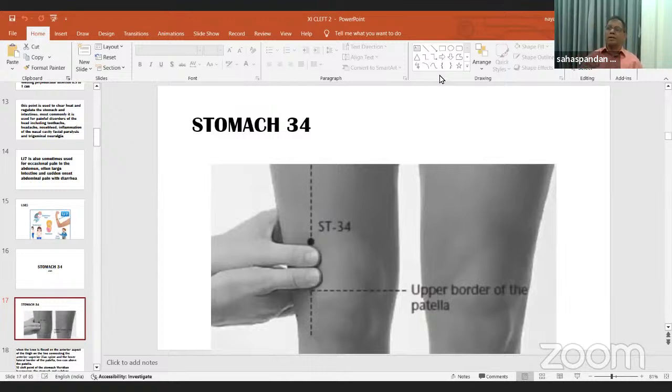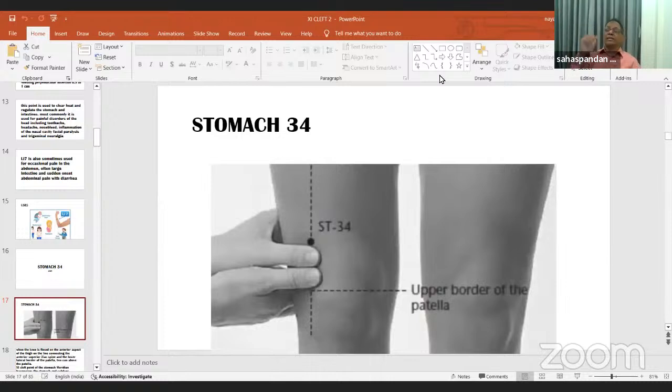So this point you can needle perpendicularly, and insertion should be half chun to 1 chun. This point is used very often for stomach pain. If there is pain in the stomach, this point is always used. You must take this point for stomach pain. There are other points along with it, which we will discuss separately.